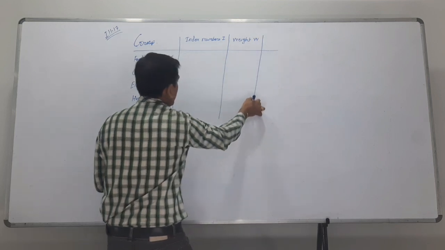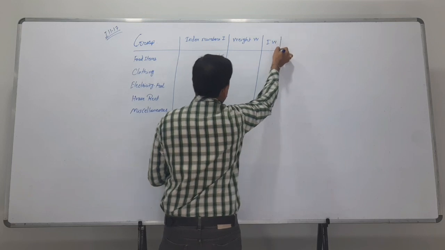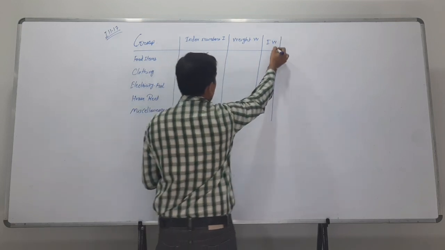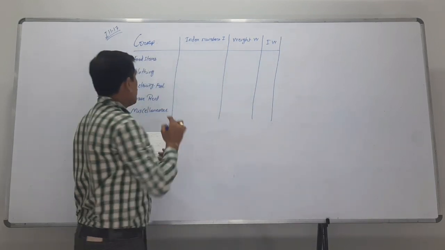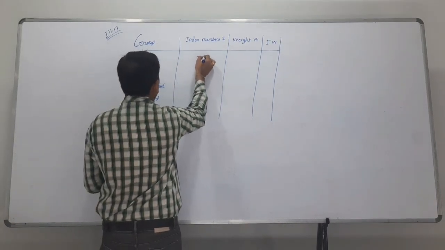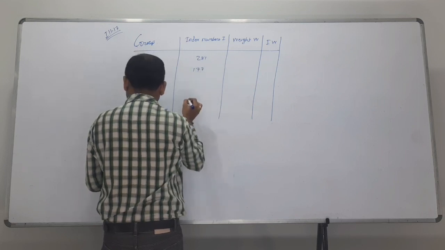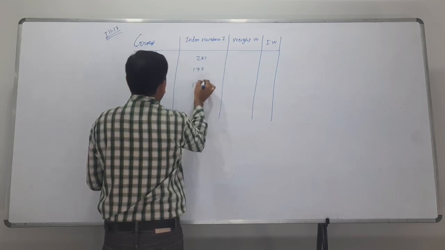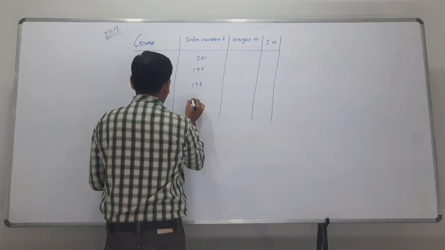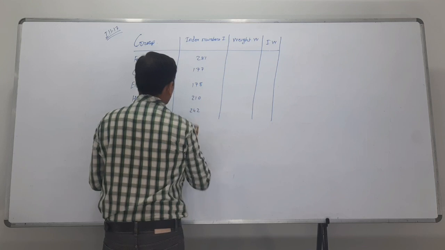All is given, we just have to multiply these two to find out IW, sigma IW. First of all, index 281, then 177, then 178, then 210, and the last one is 242.